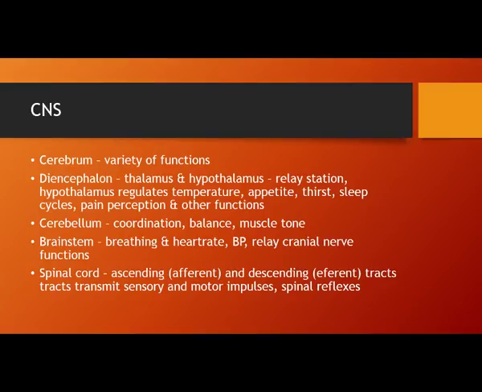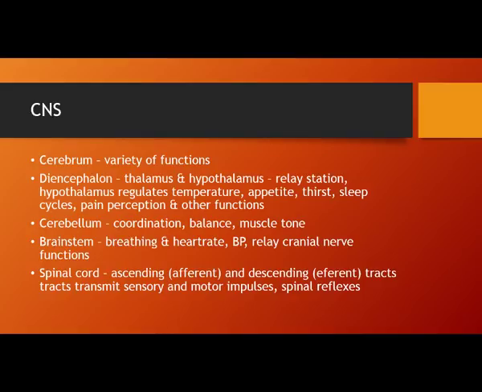There are several divisions. The central nervous system consists of the brain and spinal column, and the brain has several parts as well. The cerebrum has a variety of functions, which we'll get to in a minute.